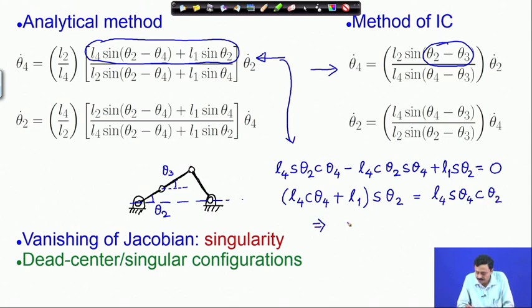So, that implies tangent of theta 2 is equal to L 4 sin theta 4 divided by L 4 cosine theta 4 plus L 1.